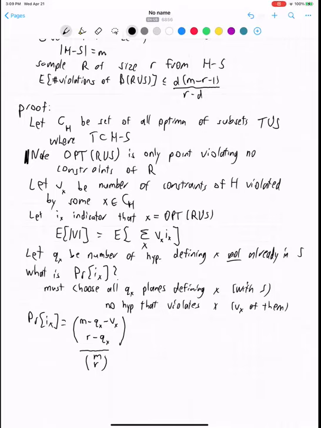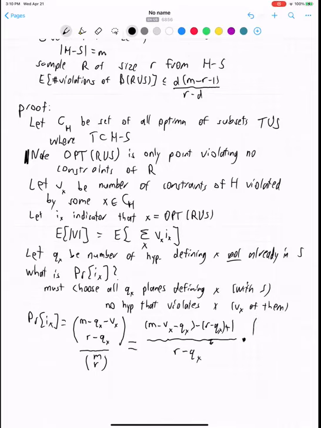Okay. All right, so now is where we play the funny game with the math. I can use my rules for binomial coefficients to write this. I'm going to pull out one fraction from the binomial coefficient: (m - vx - qx - r - qx + 1) divided by (r - qx) times, I basically use this to shrink the denominator by 1.